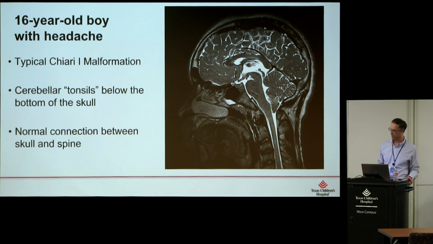It's usually about 4 to 5 millimeters of, we call it tonsillar descent, or sort of the cerebellar tonsil coming down below the bottom of the skull that constitutes Chiari. Otherwise, there's a normal connection here between the skull and the spine, and complex Chiari, that's the part that's not normal, and the part that can cause symptoms.